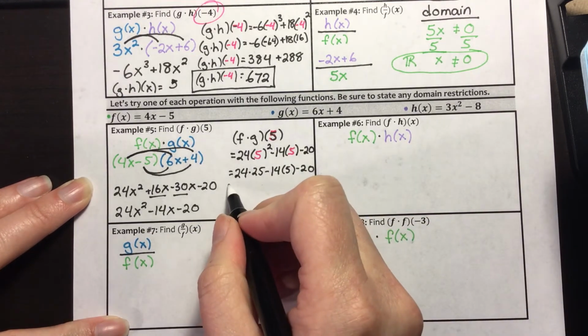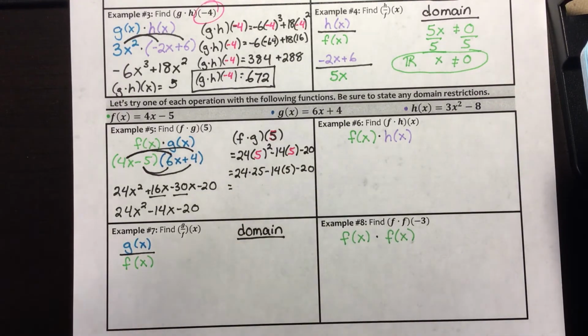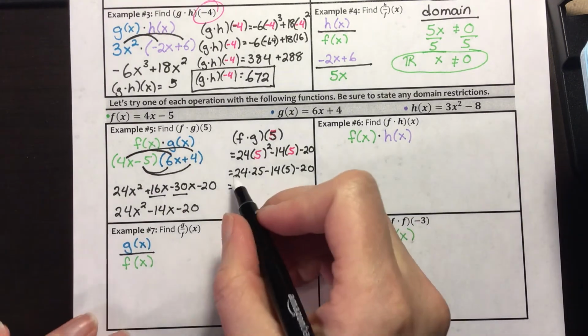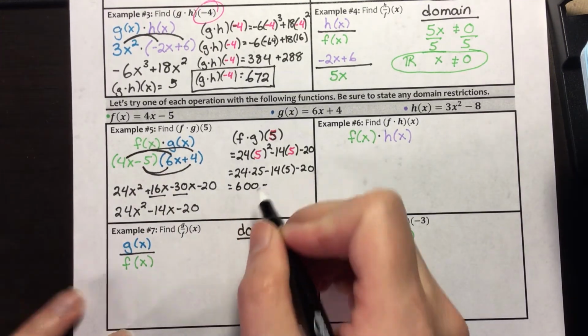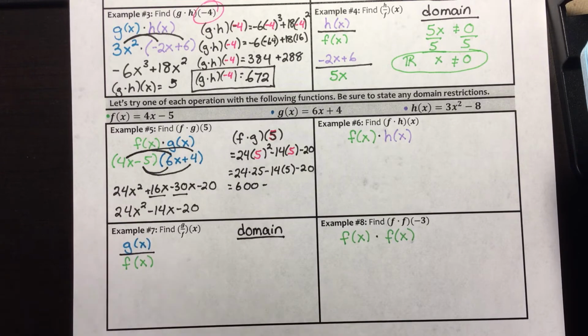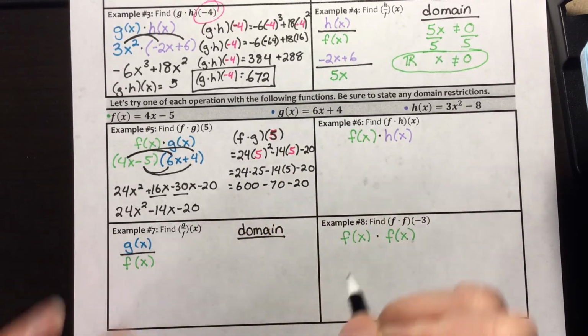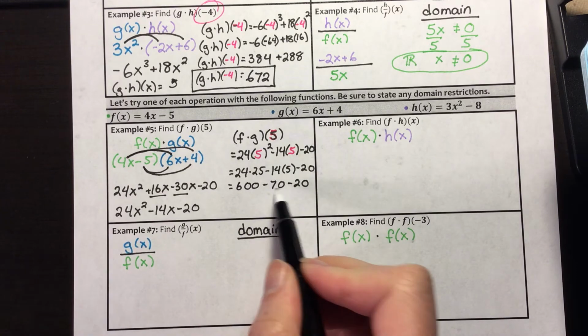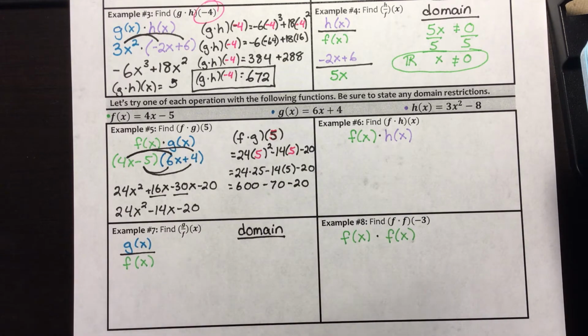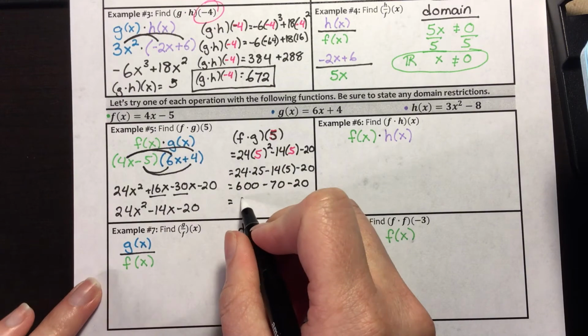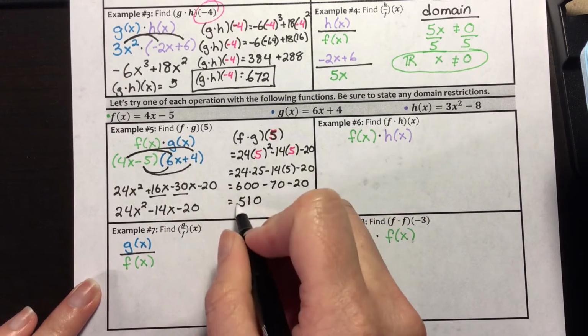Next step is multiply. 24 times 25 is 600, minus 14 times 5 is 70, and bring down the minus 20. Now we can subtract 70 and 20 from 600, which is 510.